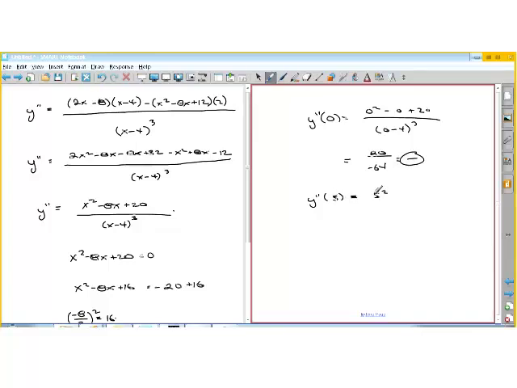So we have 5 squared minus 8 times 5 plus 20 divided by 5 minus 4 cubed. And so the denominator is positive. 5 minus 4 is 1, so it's actually positive 1. And in the numerator, we have 25. So this is always positive. We determined that earlier, so in this case, it's positive.